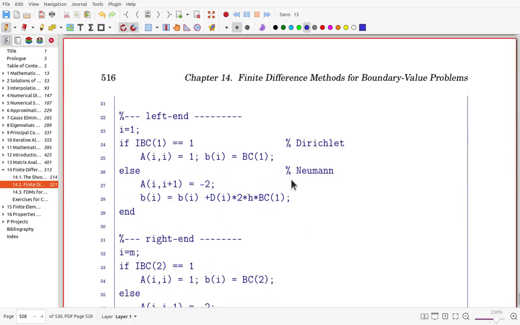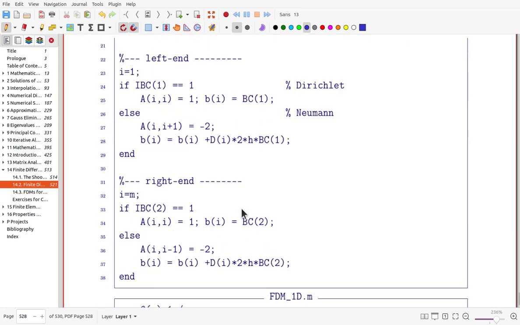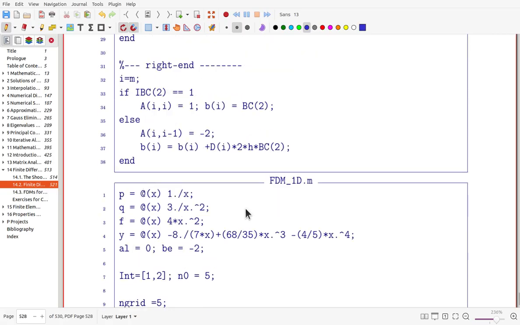Later on, for either the Dirichlet condition or the derivative condition, we try to deal with the boundary condition after getting the matrix and right hand side B. And in this way, this is a left endpoint, and this is a right endpoint.